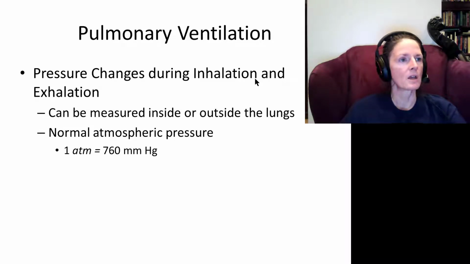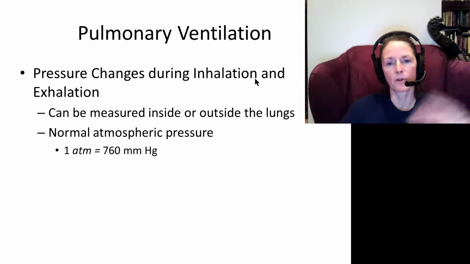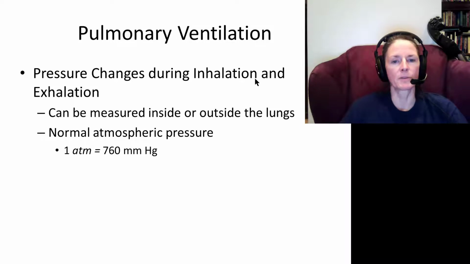So typically, it's going to be about 1 atmosphere of pressure. Of course, this is going to vary whether you're at high altitude or low altitude. But at sea level, it's typically about 760 millimeters of mercury, and that varies from day to day. And that's a whole different topic of density, altitude, and other things.